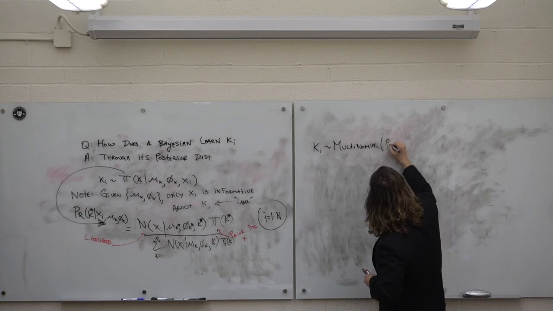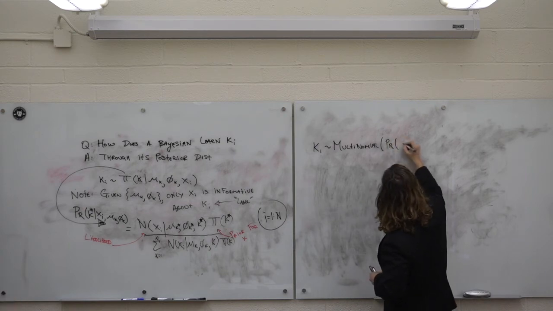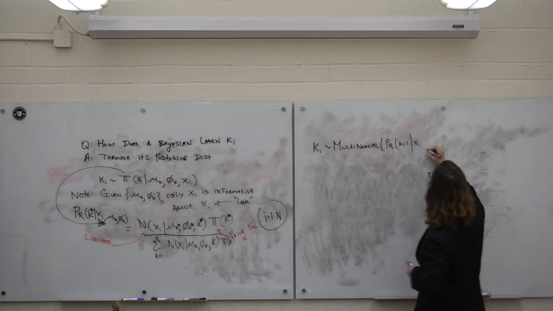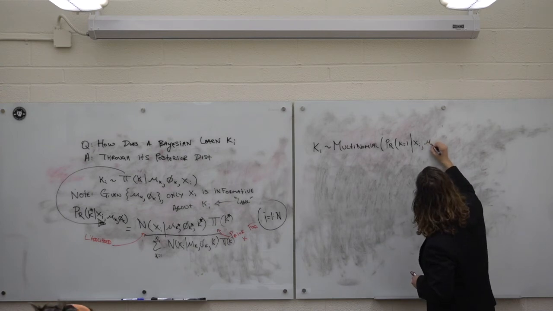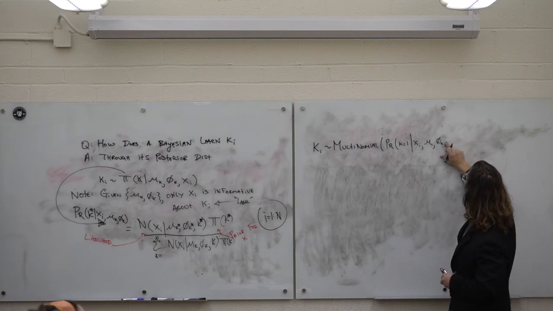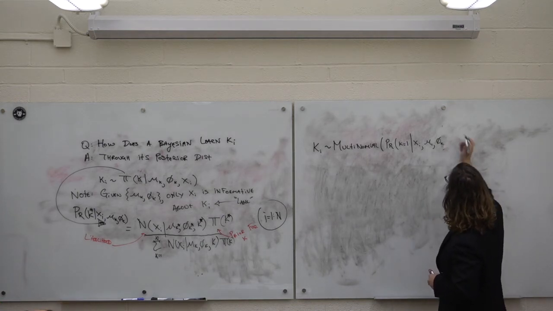So this would be the probability that K is equal to 1 given Xi, mu 1, phi 1. And if you'd like, I can plug in, well, I'll leave it just like that.